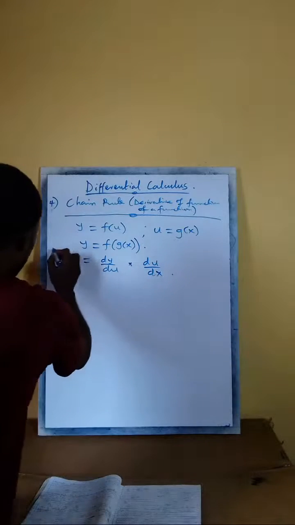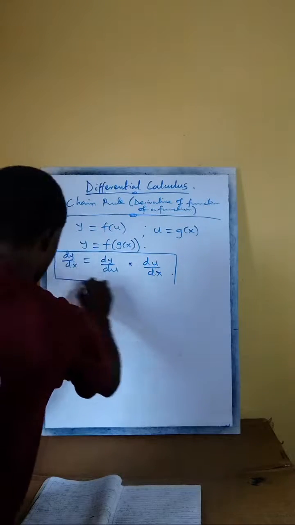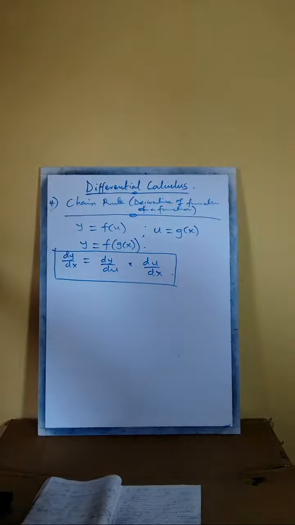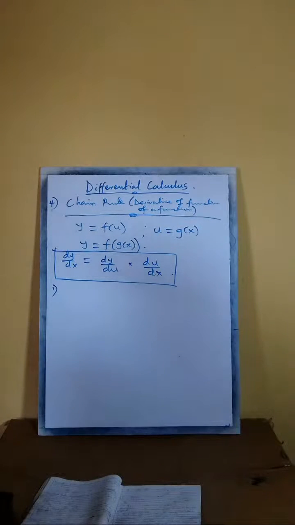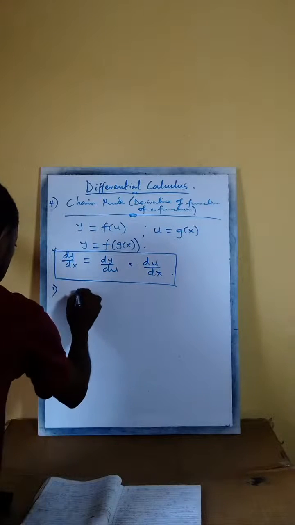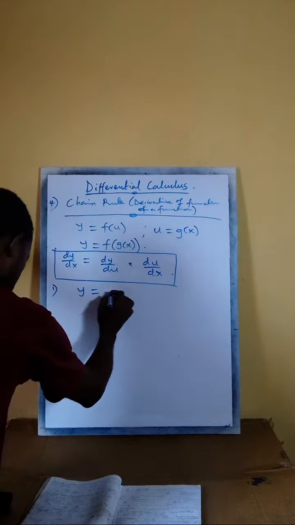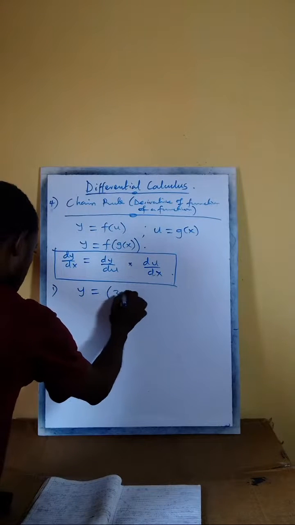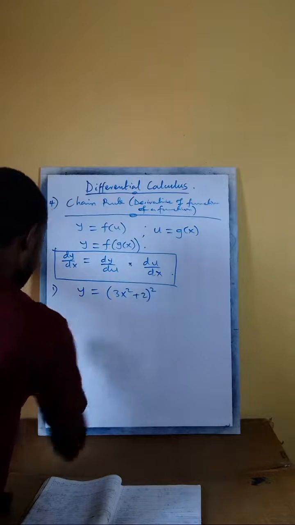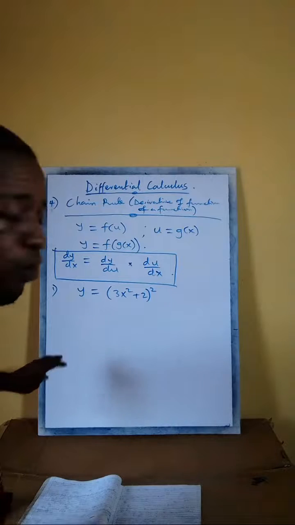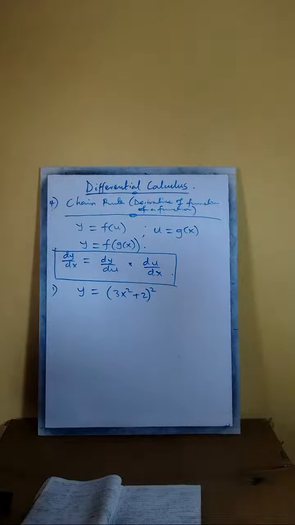So now let's look at one example. The first one: find the derivative of the function y equals 3x squared plus 2, all squared. Now this follows the function of a function.